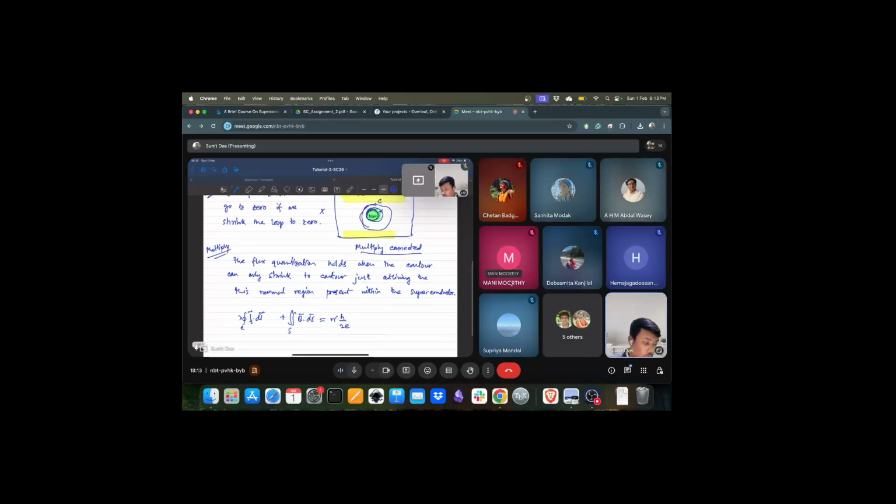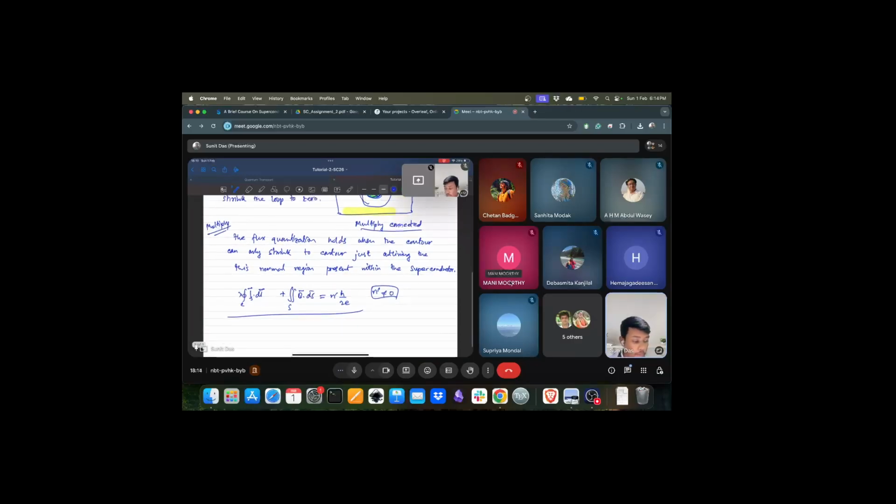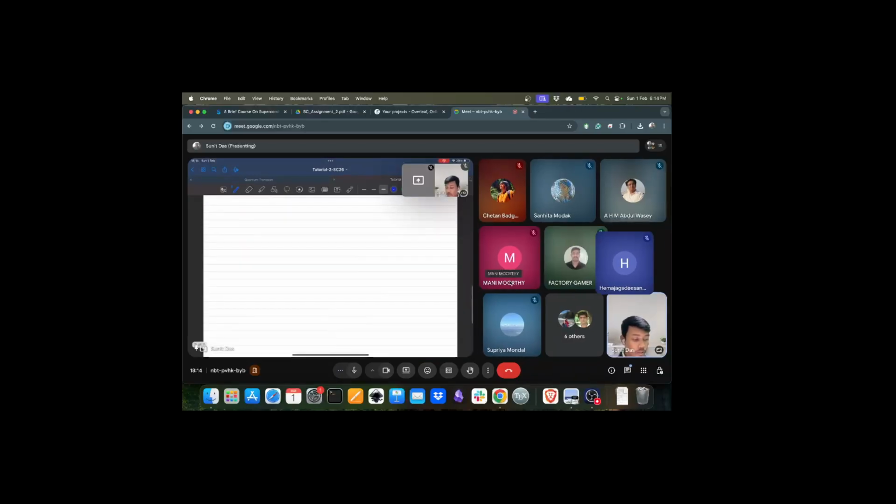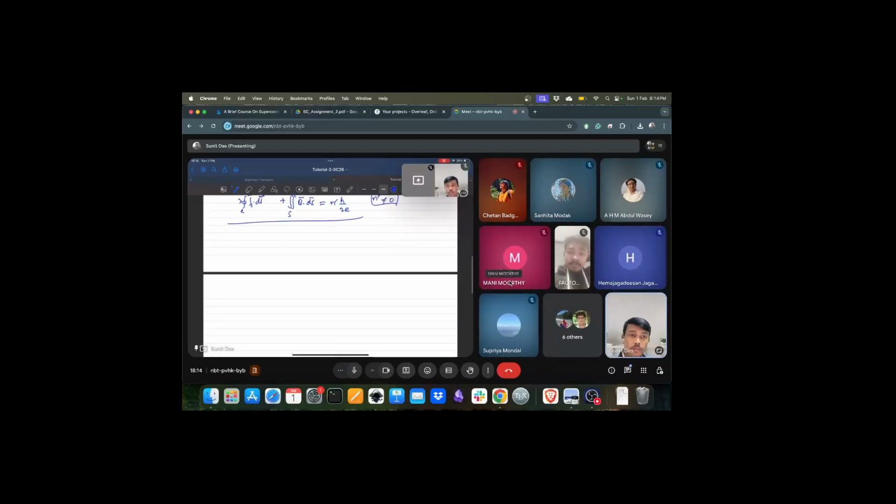So even if you go up, you can only go up to this limit. So n prime can always be some non-zero. So that's the difference between a simply connected and a multiply connected superconductor. Okay. So any confusion?